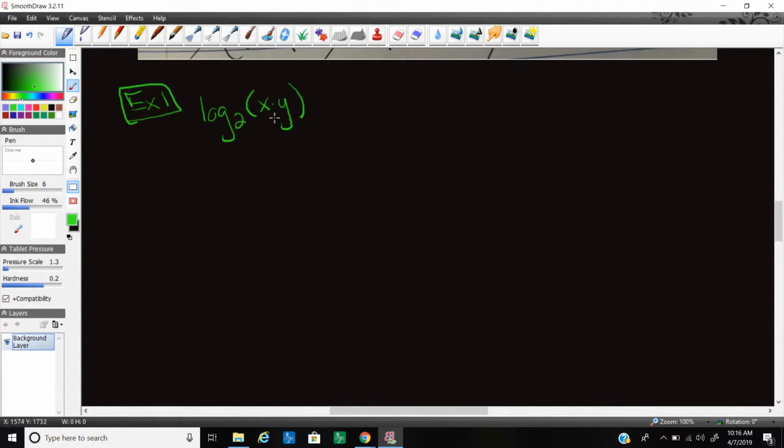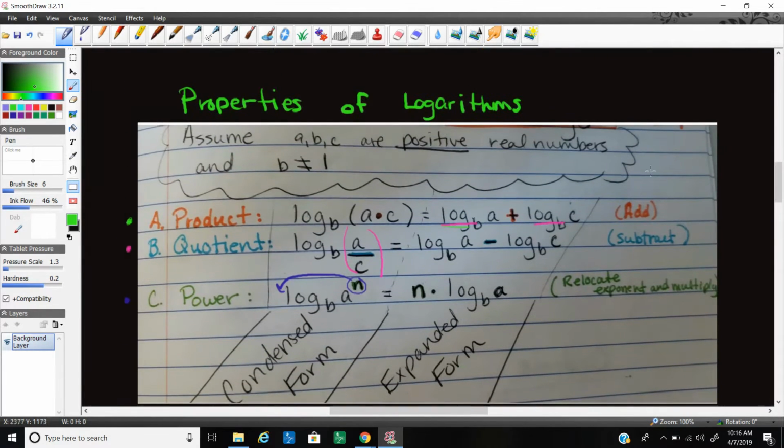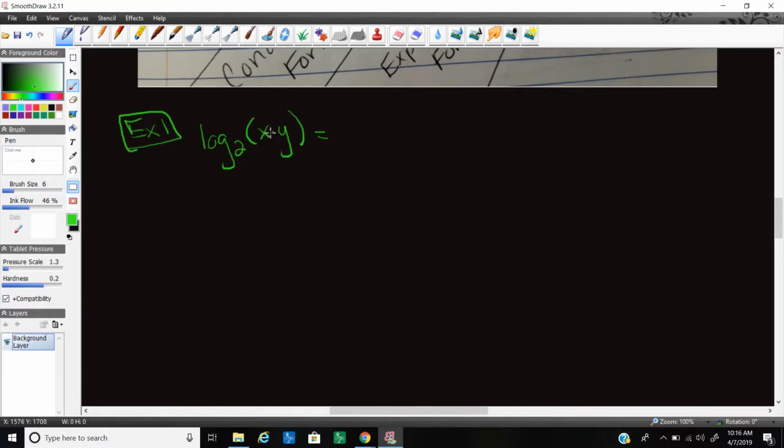So expanded form means you're going to have more than one log, and you're going to try to get this to look like a longer expression, okay? So if we refer back to our box up here, you can see right away that this is going to be the product rule, the first one, and we're going to go ahead and use addition to expand that. So this times right here is going to kind of turn into a plus sign.